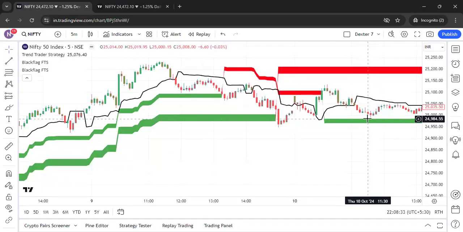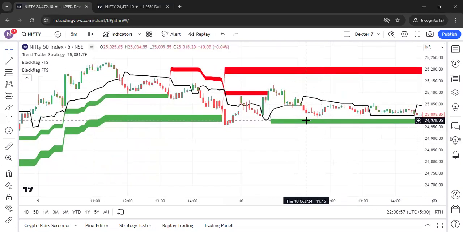So it all depends on how you want to take your trade. So 25023. I'll anyway be out at 20 points or 25 points, right, if I would have waited? So my 25 points are anyway done over here. If I would have waited for a few more points, or if I would have waited for the black flag, I might not have made that much money.